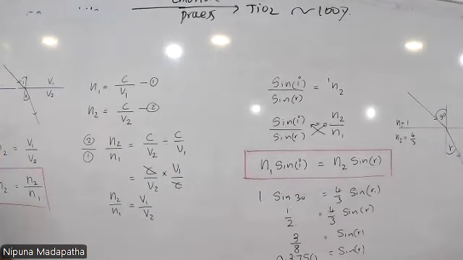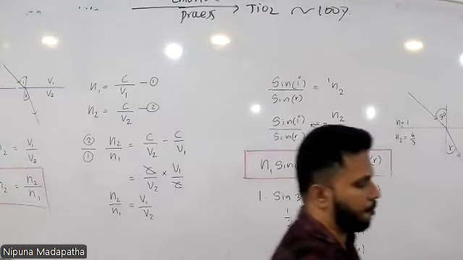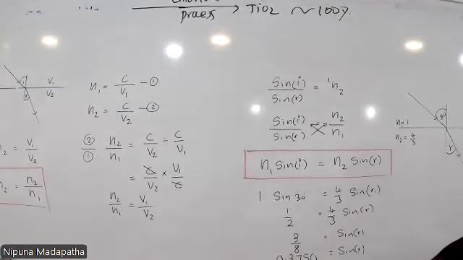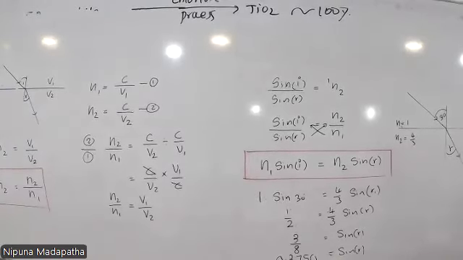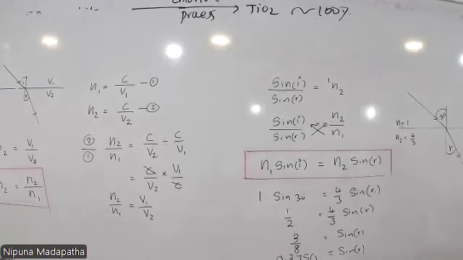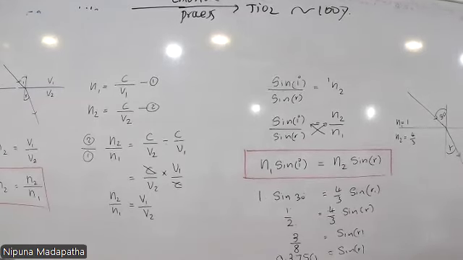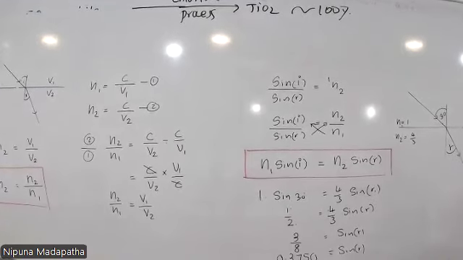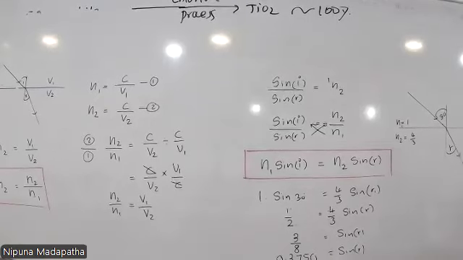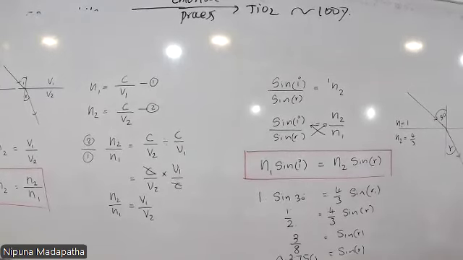Okay. Star mark: expressing relative refractive index in terms of the absolute refractive indices of two media.